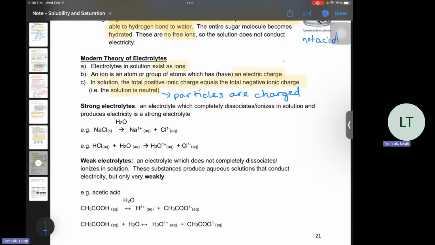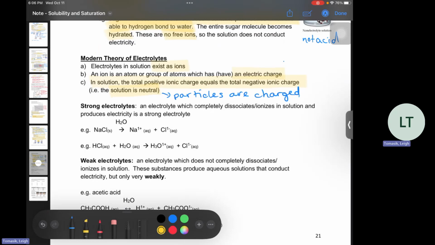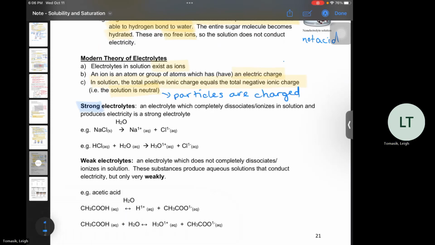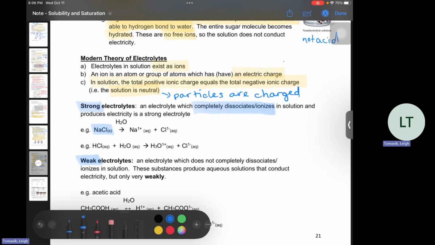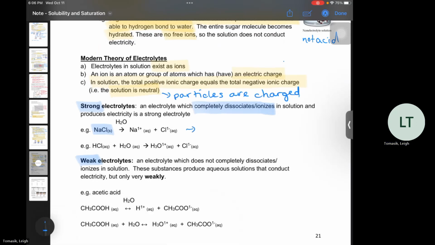So we have strong electrolytes and weak electrolytes, right? Strong and weak. A strong electrolyte is an electrolyte which completely dissociates or ionizes in a solution, producing electricity. So that means that if we add salt to water, all of the salt turns into ions. 100% of the NaCl turns into ions.